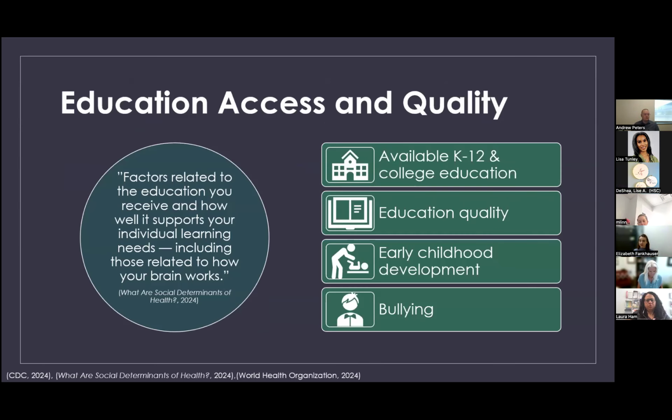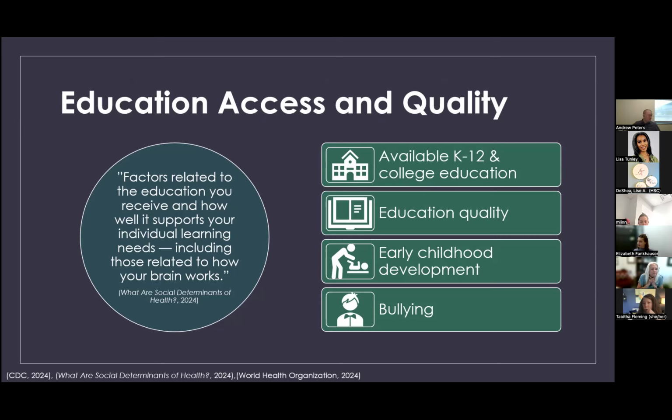So the first is education access and quality, which is defined as factors related to the education you receive and how well it supports your individual learning needs, including those related to how your brain works. A few examples of that would be available K through 12 education and college education.